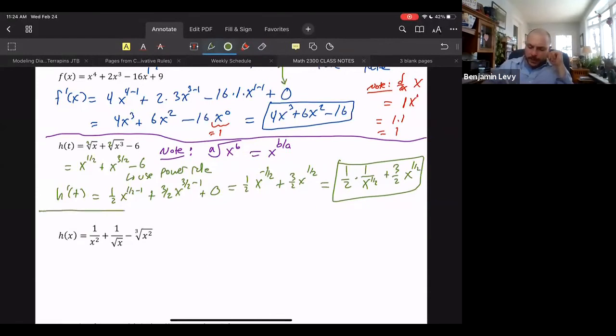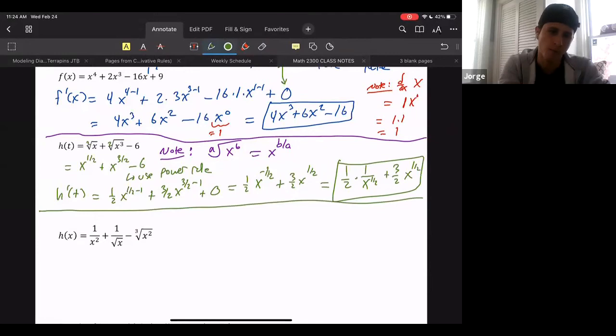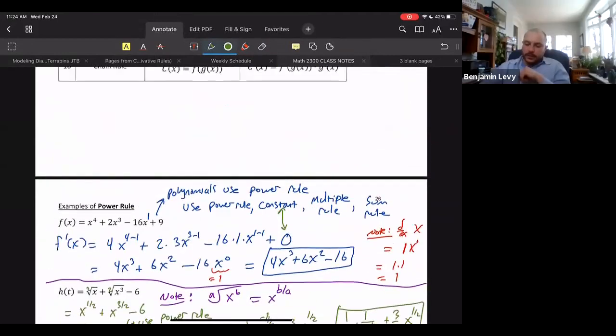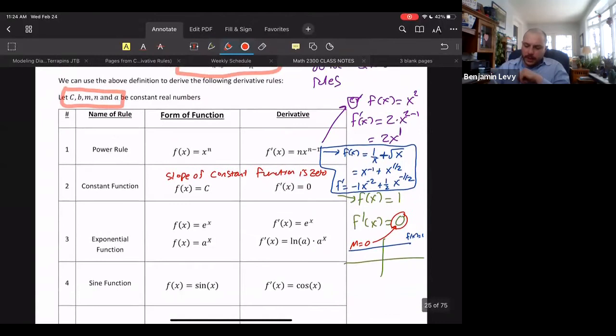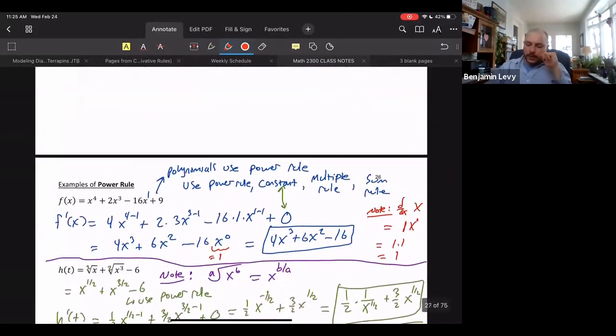But can I clarify something about this before you do? I do have one more question, sorry. Yep. What do you do with the 6 at the beginning? So when you take the derivative of a constant, it becomes 0. That was one of the things we looked at last time. When you have a constant function and you do the derivative, it just becomes 0. Like this example that we looked at here. Or we saw it in this problem right here.